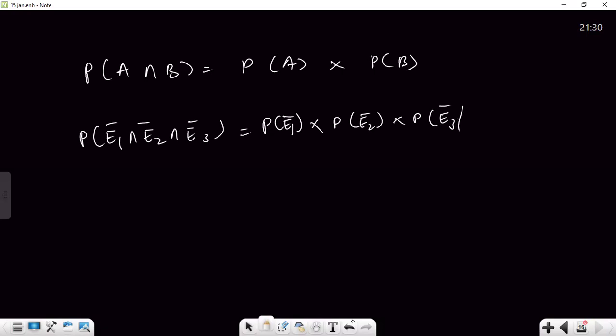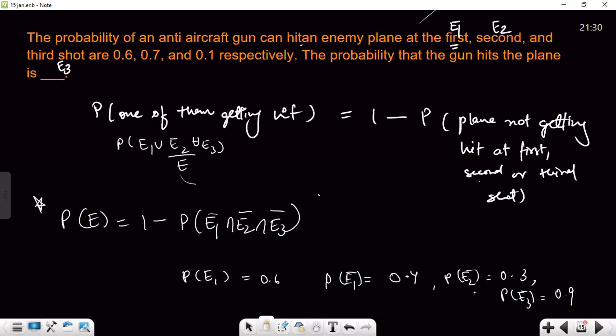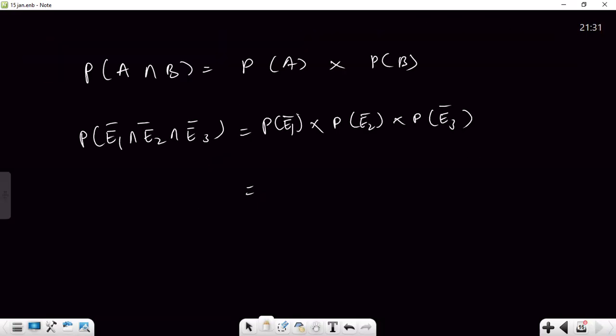Okay, so we have the numbers: 0.4, 0.3, 0.9. 4 3s are 12, 12 9s are 108. There are three digits after the point. So 0.108 is the probability of this.